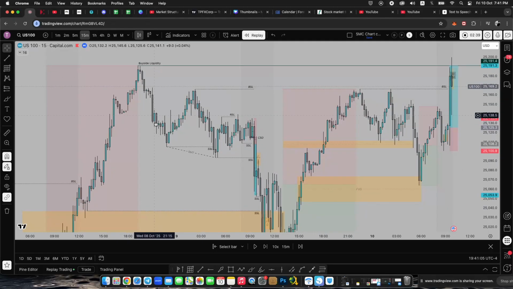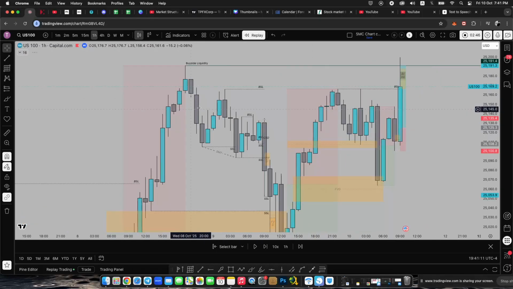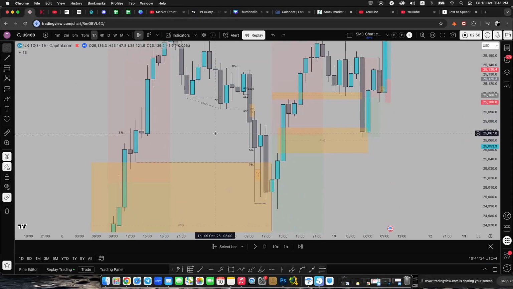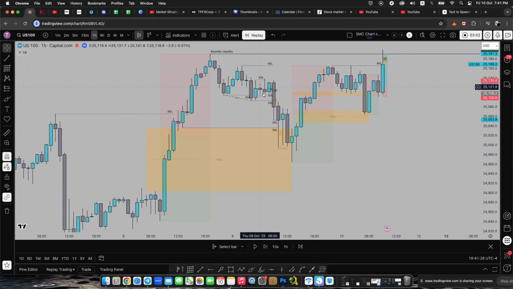Price starts displacing to the downside with a change of state. On the 1 hour, we had a bearish fair value gap. Notice that price starts failing to create higher highs, and instead it starts creating lower lows. So it creates a lower high, lower low, right? It's a sign that price is most likely correcting.